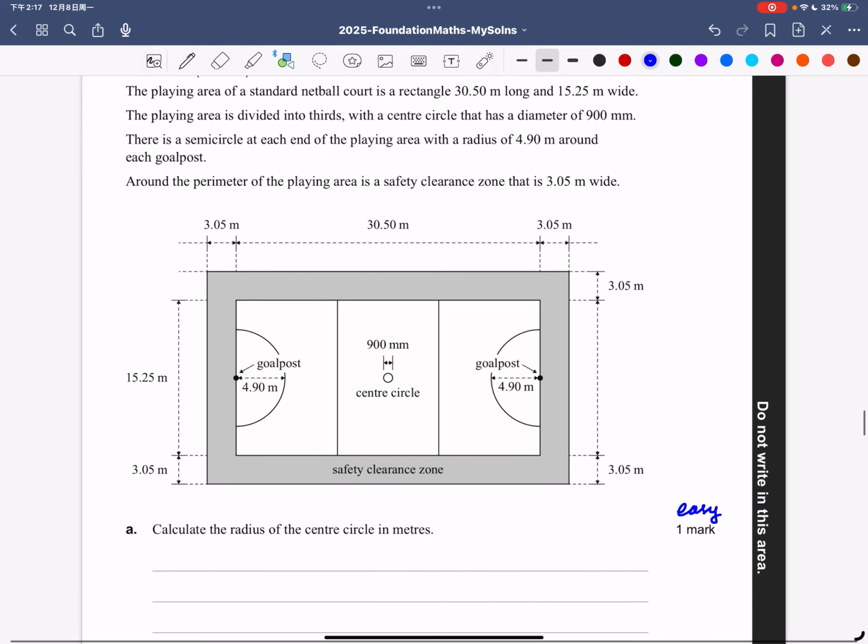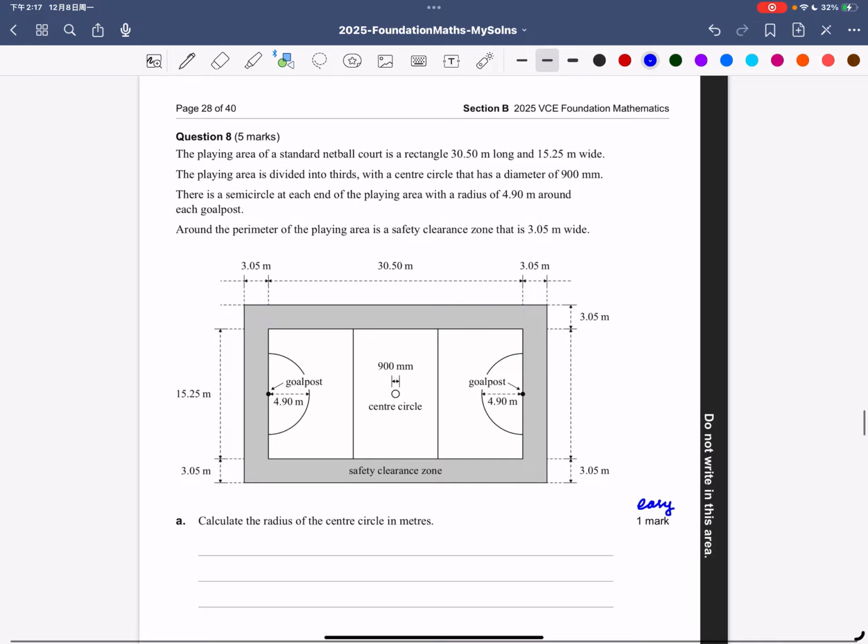All right, the playing area of a standard netball court is a rectangle 30.50 meters long and 15.25 meters wide. The playing area is divided into thirds with a center circle that has a diameter of 900 millimeters. That'll be 90 centimeters or 0.9 meters.